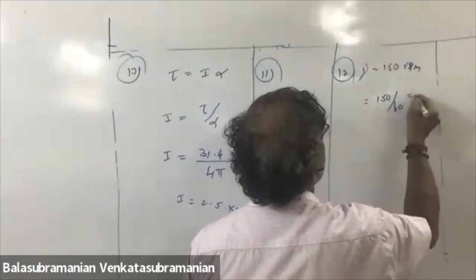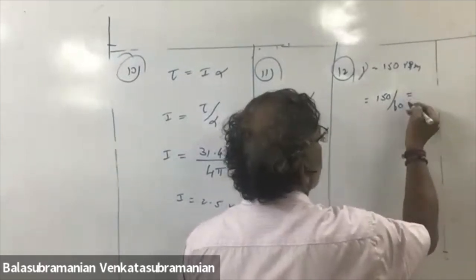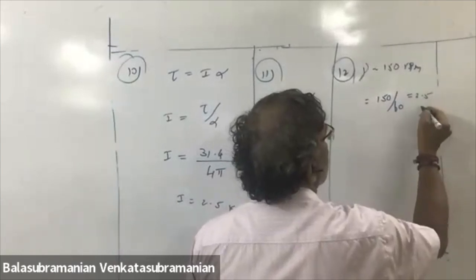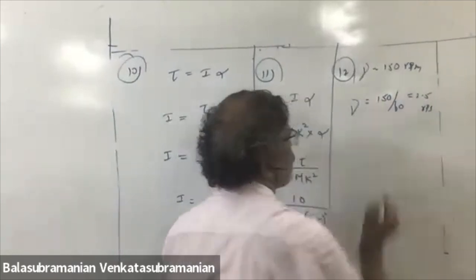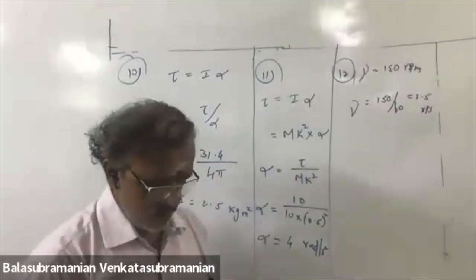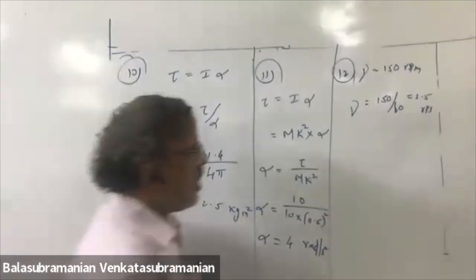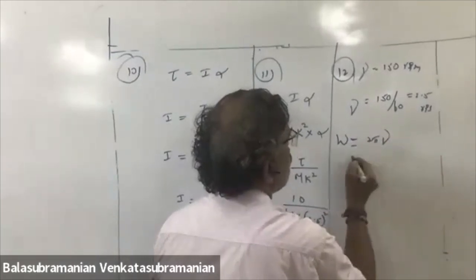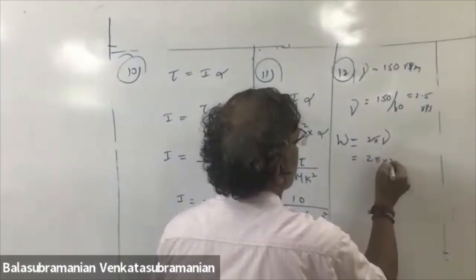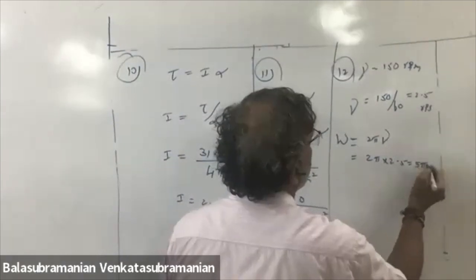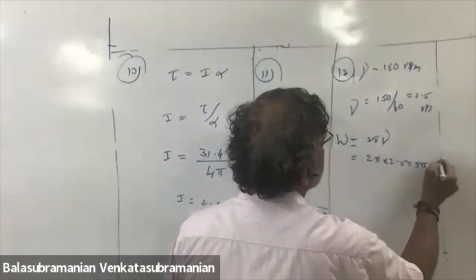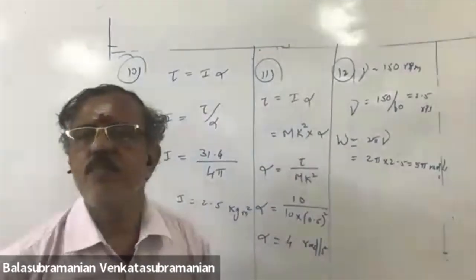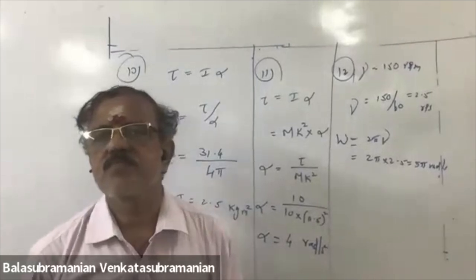So 150 by 60, 15 by 6 is 5 by 2. That is 2.5 rotations per second. Next, omega. Omega is 2 pi nu. 2 pi into 2.5, so 5 pi radian per second.